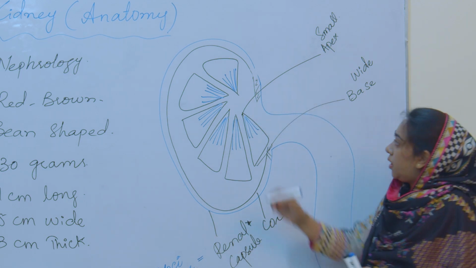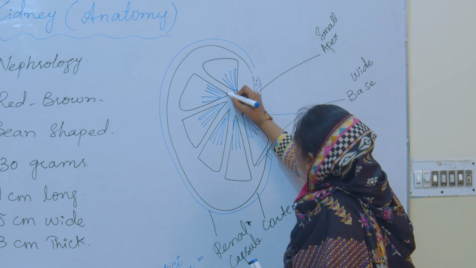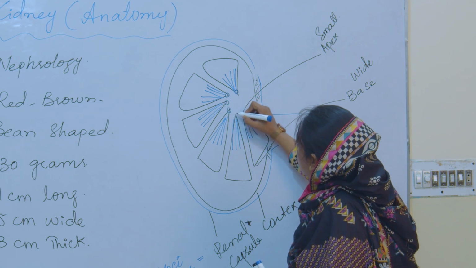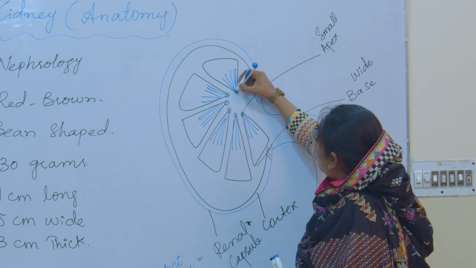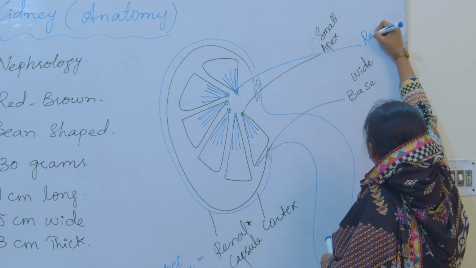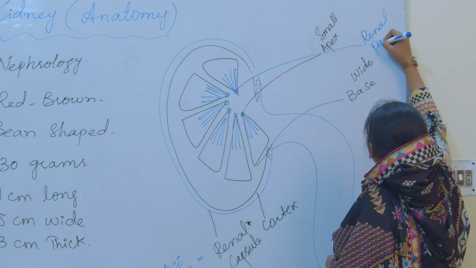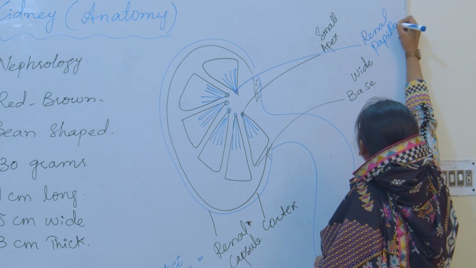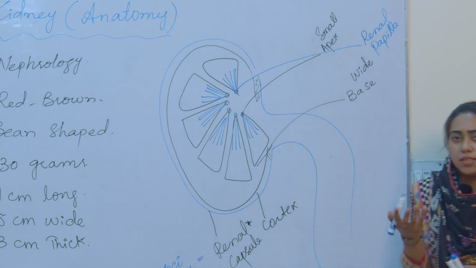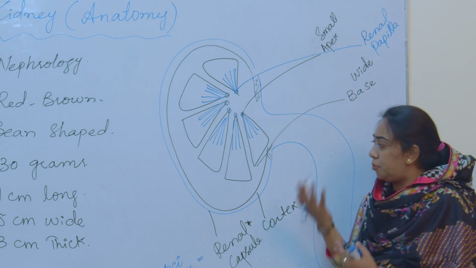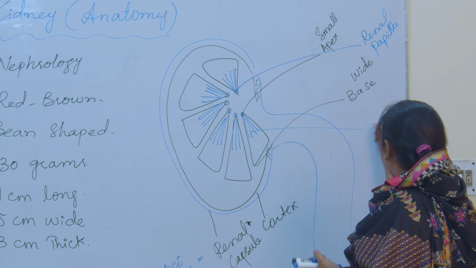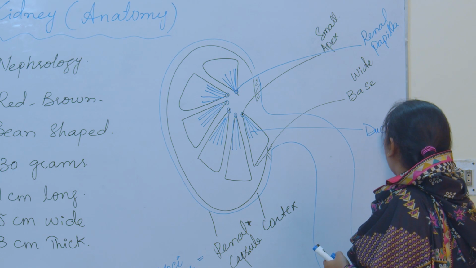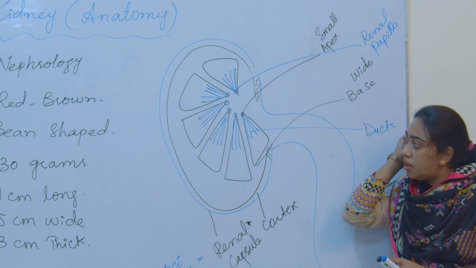When they join here, they get released out from here, and at this point they will be known as renal papilla, or it may be renal papillae. Somewhere you may find renal papillae written; singular and plural, it is the same thing. So these are the collecting ducts. I am mentioning it only as ducts.